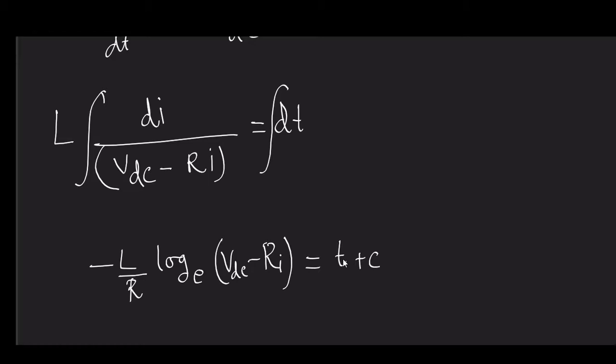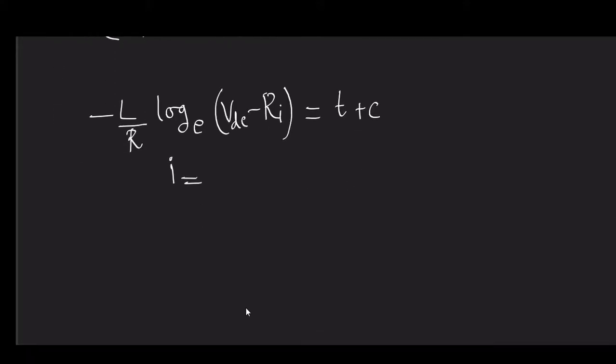So, if that is the case, then with a little manipulation, you can find out that i is equal to VDC by R minus, let us assume a different constant C dash.